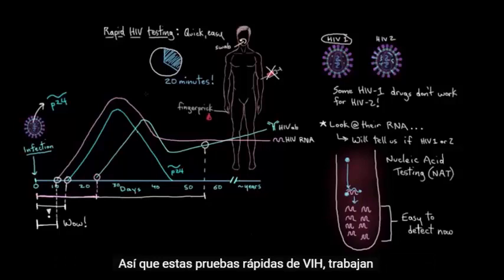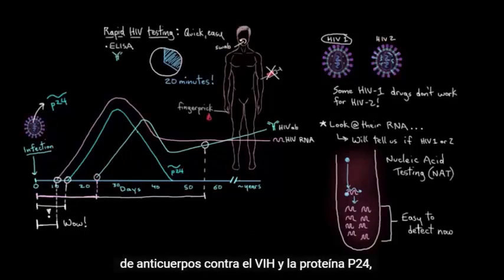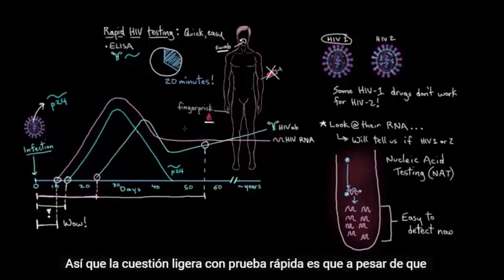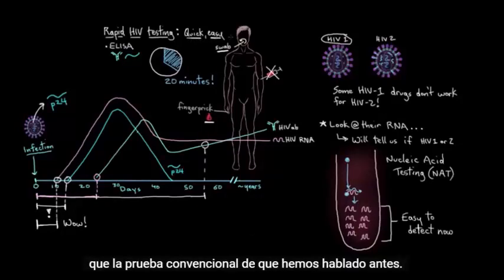So these rapid HIV tests, they work by the same ELISA method I talked about earlier. They check for the presence of HIV antibodies and P24 protein, which you can detect in your saliva and, of course, in your blood. So the slight issue with rapid tests is that even though they're quick and they're easy and they're cheap, their accuracy is a little bit less than the conventional tests we talked about earlier.